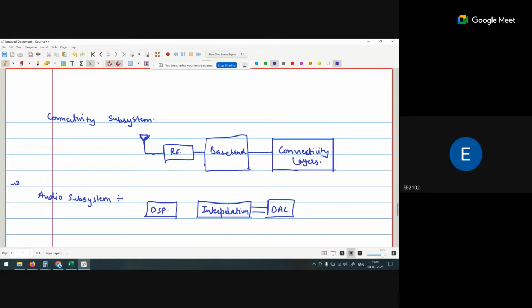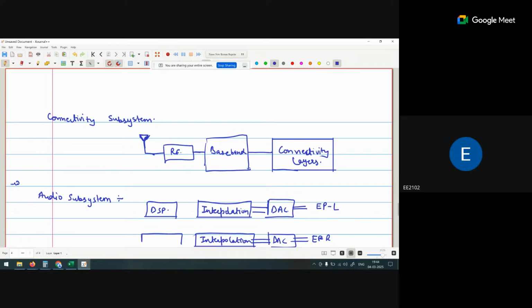In the audio we have particularly two ears, two earphones, so we can say the left earphone or headphone, and the similar right one. We require a DAC and interpolation for the left, and for the right earphone as well.